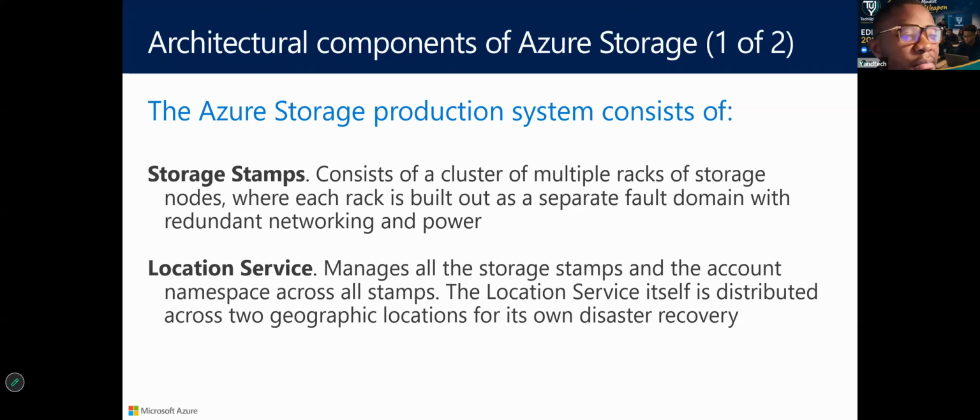A fault domain simply means we have a cluster of different storage nodes. So if there's a problem with one node, then the other node is going to help, right? When we discuss availability zone and availability set in chapter 3, you will hear me talking about update domain and fault domain. Now, when you are in a company and that company wants to update their system, they are not going to update all their systems at once.